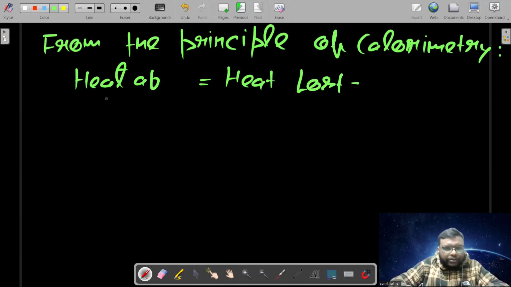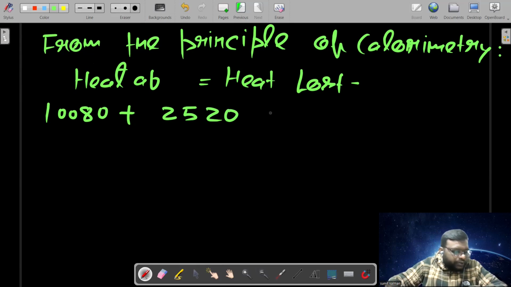So here total heat absorbed is 10080 plus 2520, which is equal to M2 into 210.